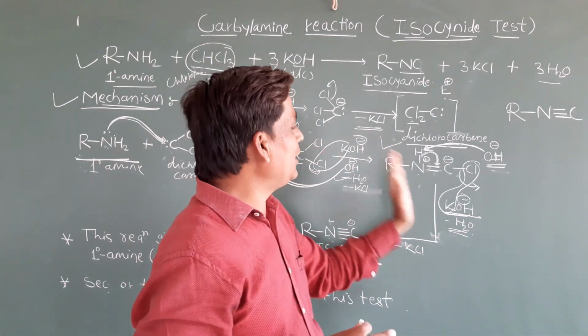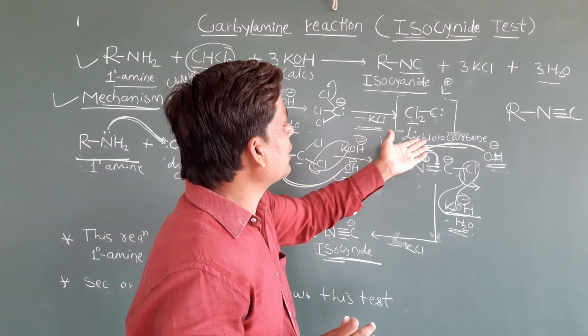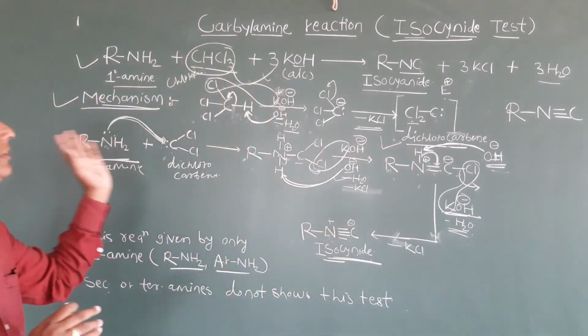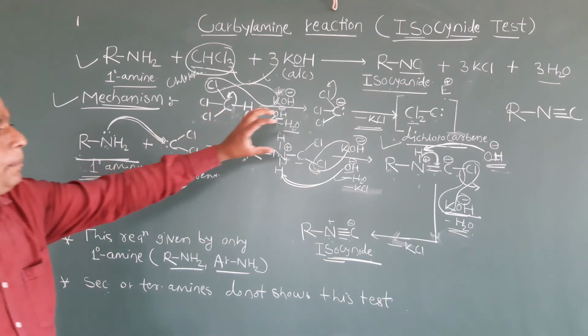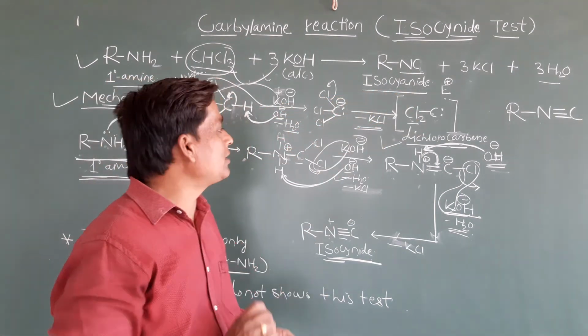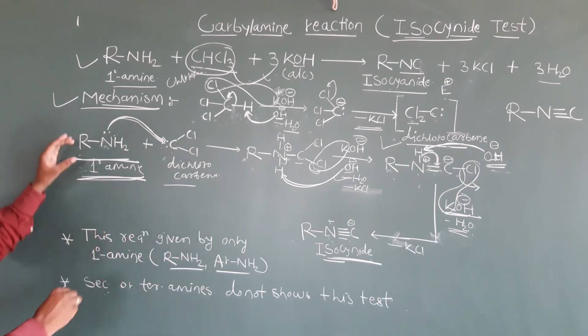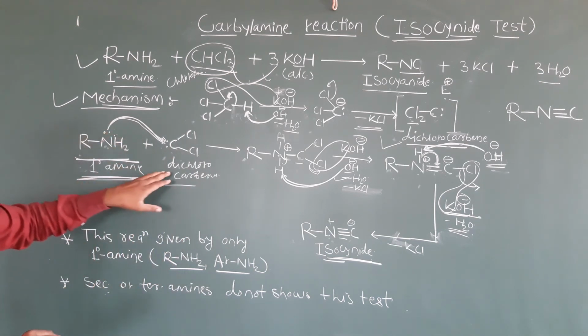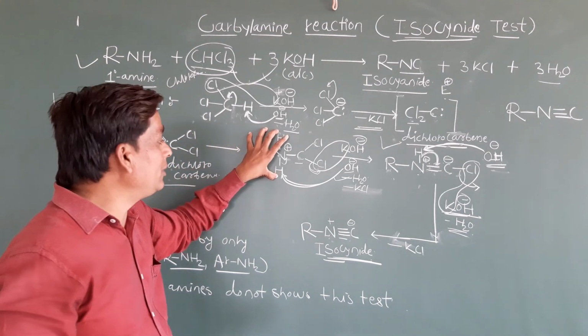Again KOH reacts with this intermediate. This dichlorocarbene will attack the 1 degree amine. First we prepare the intermediate, dichlorocarbene, and it reacts with the 1 degree amine, here RNH2. Then the intermediate is formed.